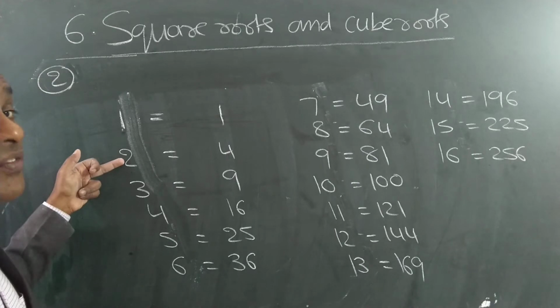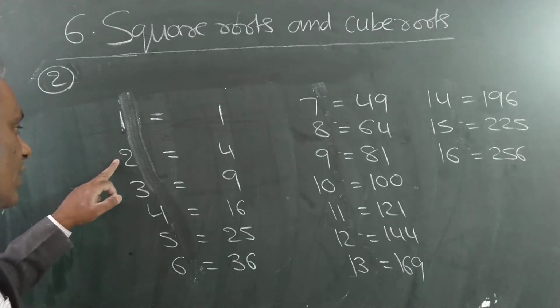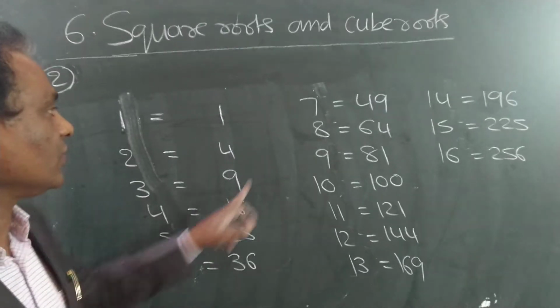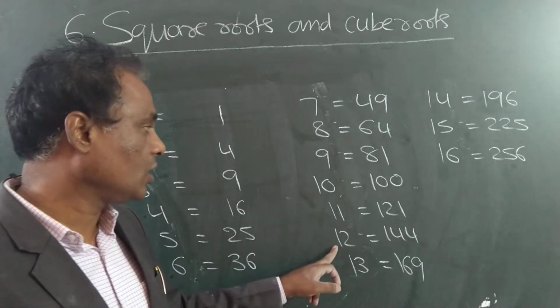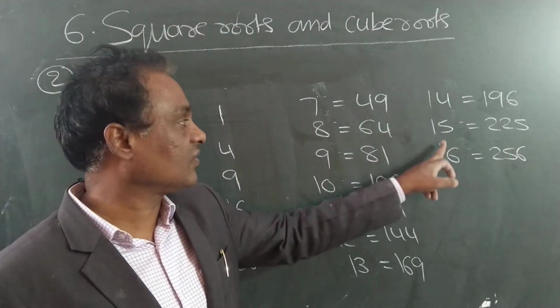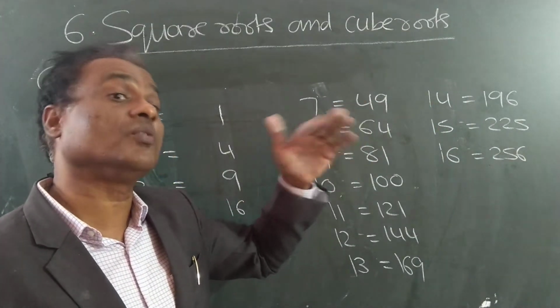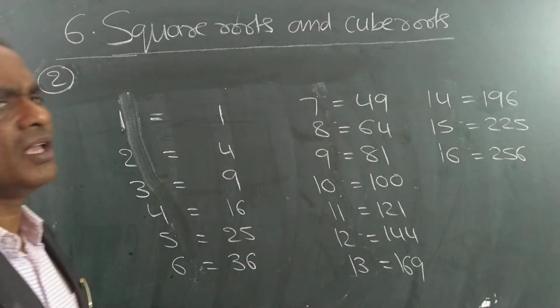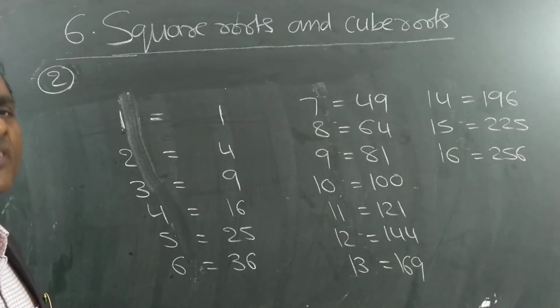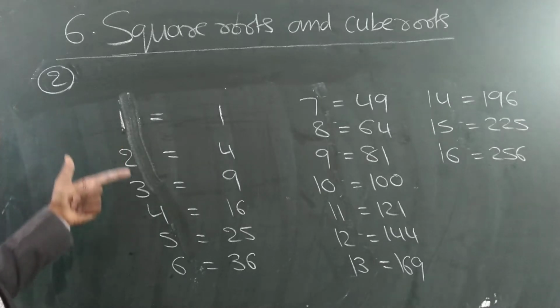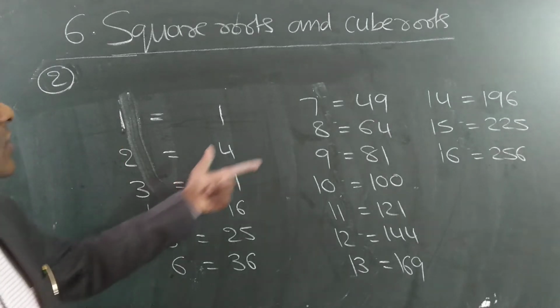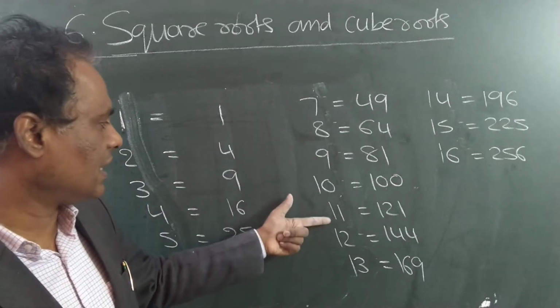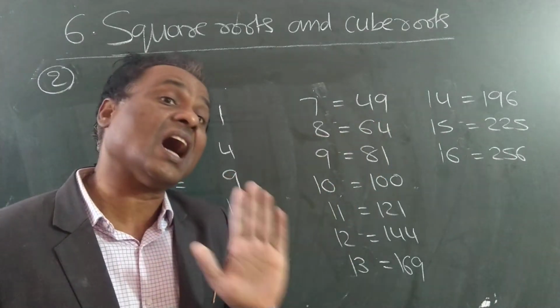The numbers which are divisible by 2 are even numbers. 2 is even, 4 is even, 6 is even, 8 is even, 10 is even, 12 is even, 14 is even, 16 is even. The number which is not even is called odd. So 1 is an odd number, 3, 5, 7, 9, 11, 13, 15. These are the odd numbers.